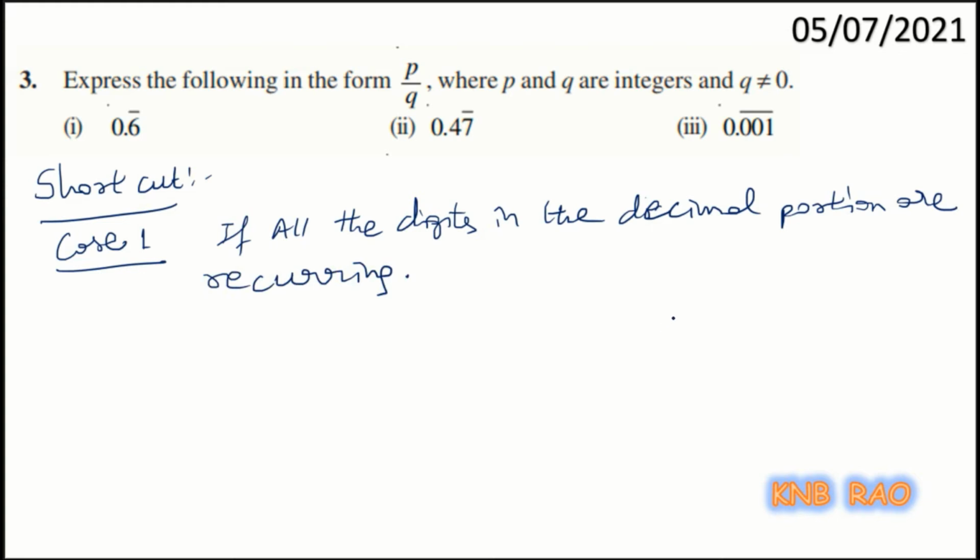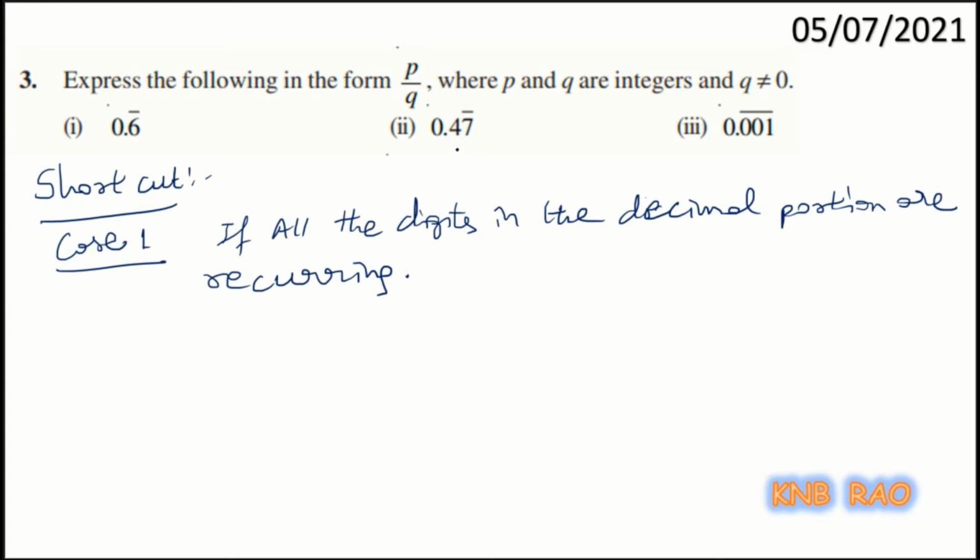This is case 1. That means here in the decimal portion I have 6, so 6 is repeating. Whereas in this question, in the decimal place I have 4 7, 4 is not repeating, only 7 is repeating. That comes as case 2.